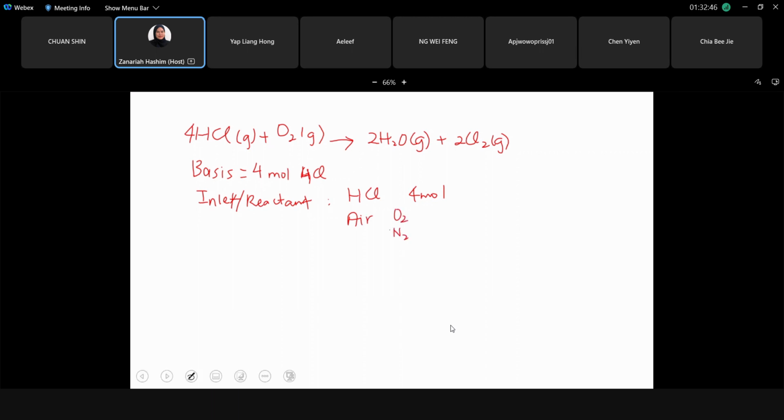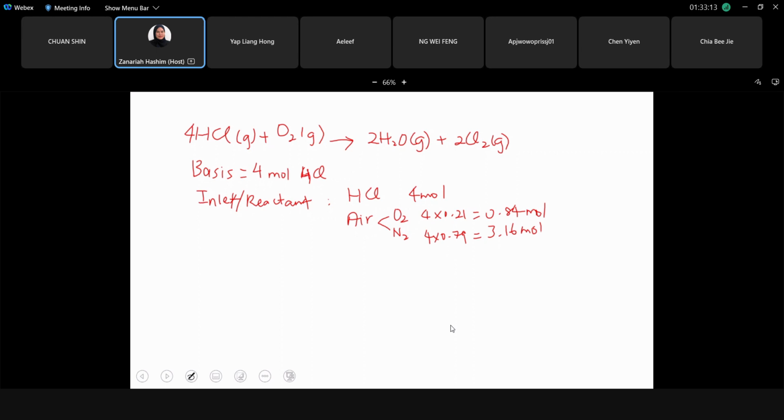Oxygen is 21%, so 4 times 0.21, which is 0.84. And then the nitrogen is 4 times 0.79 equals 3.16. This is in the inlet or reactant stream.